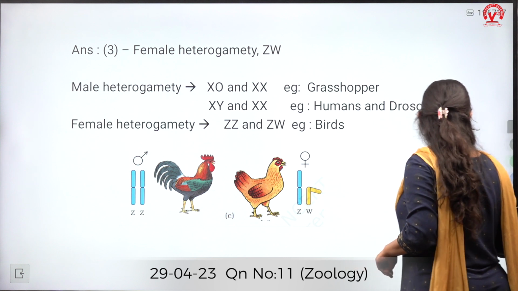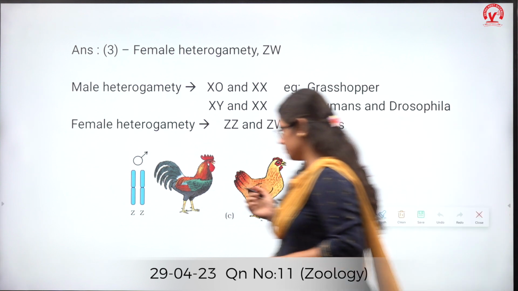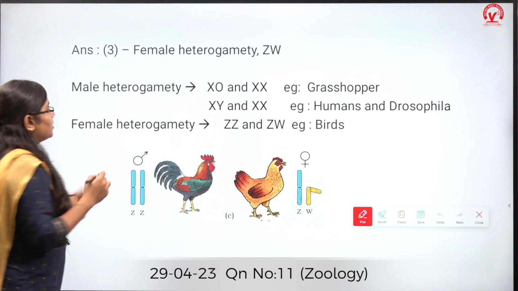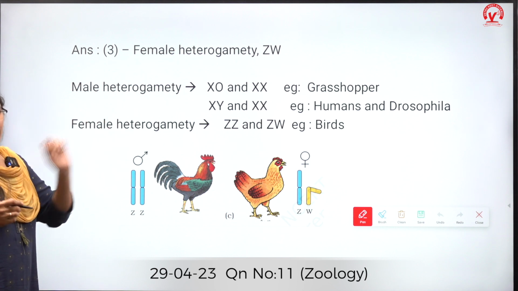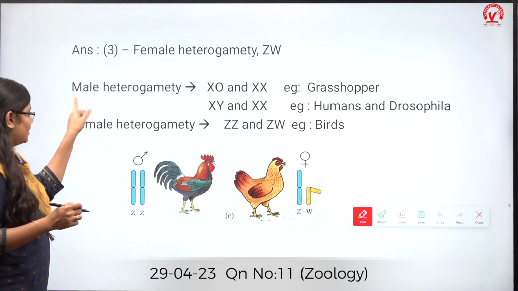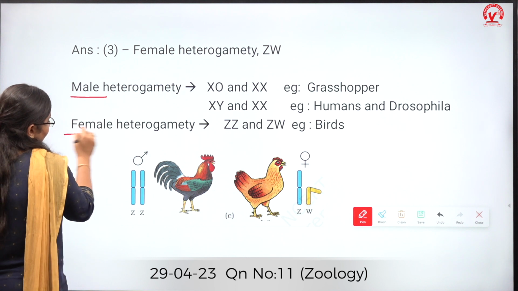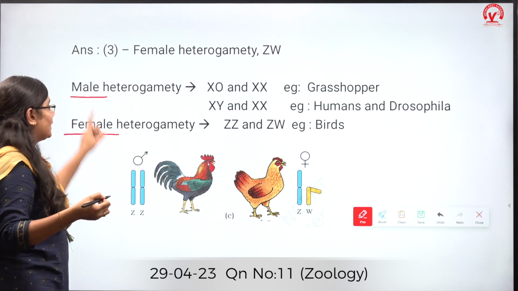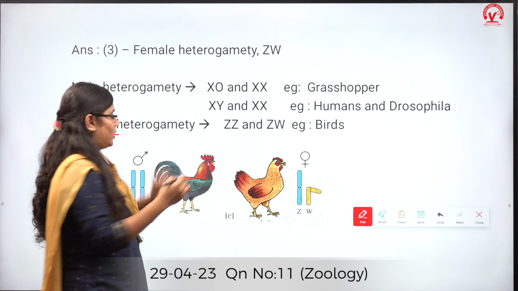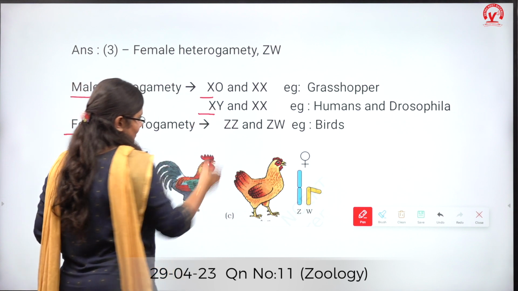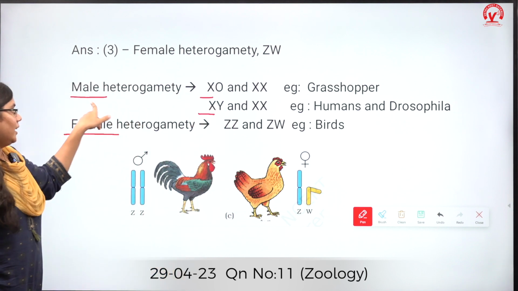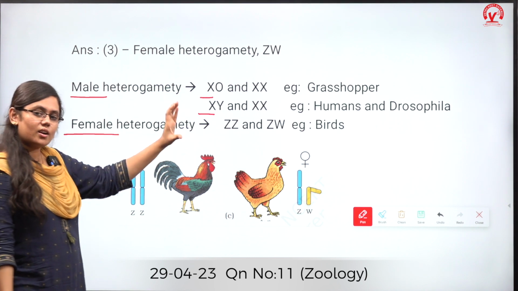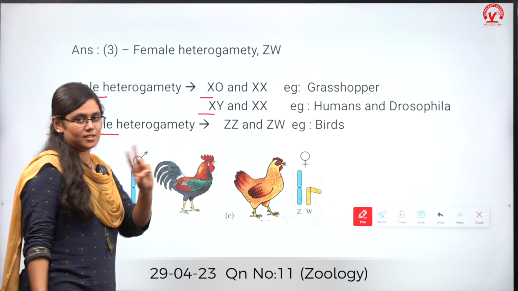So, we all know that the sex determination mechanism is divided into 2 different types, homogamety and heterogamety. Heterogamety is divided into male heterogamety and female heterogamety. The male heterogamety is of 2 types, XO type and XY type. Here in male heterogamety, the male organism will form 2 different gametes.